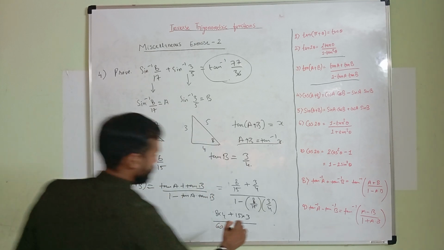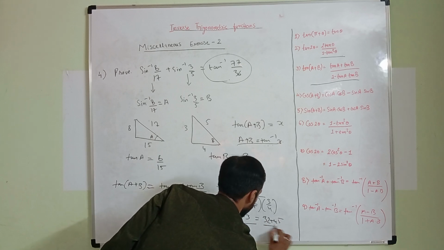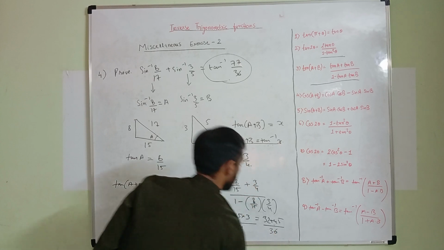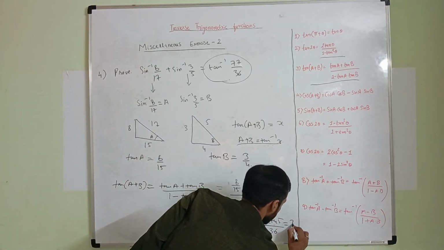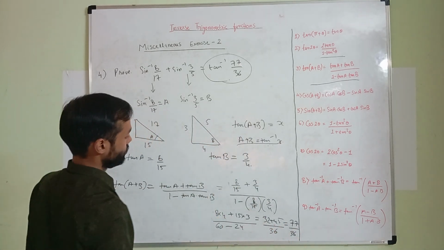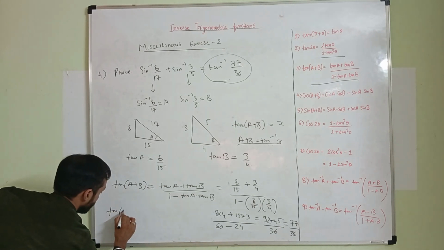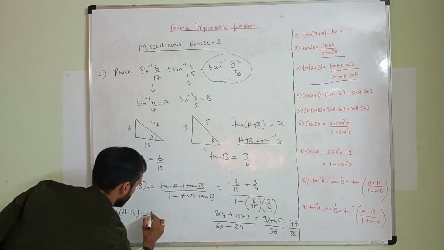On solving, we will get 32 plus 45 by 60 minus 24 will be 36. So this 32 plus 45 will be 77 by 36, ultimately we will get 77 by 36. Now here we are getting tan of A plus B equals 77 by 36.